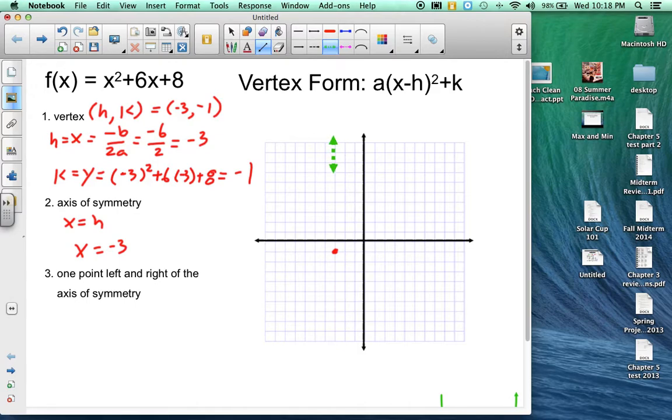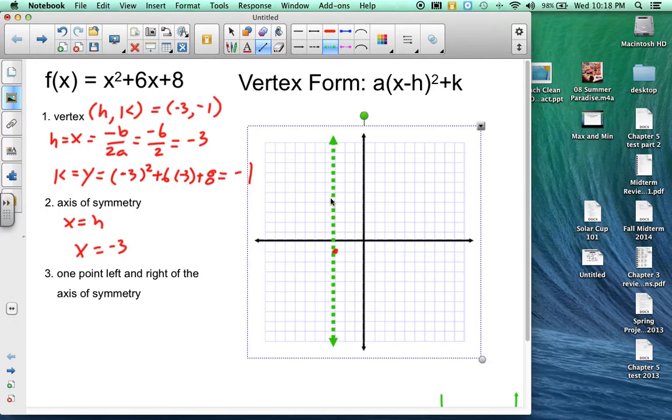It is a vertical line at x equals negative 3. Okay? Now, what's going to happen next is that we must find a point left and right of the axis of symmetry. That's our next part once we finish graphing it.